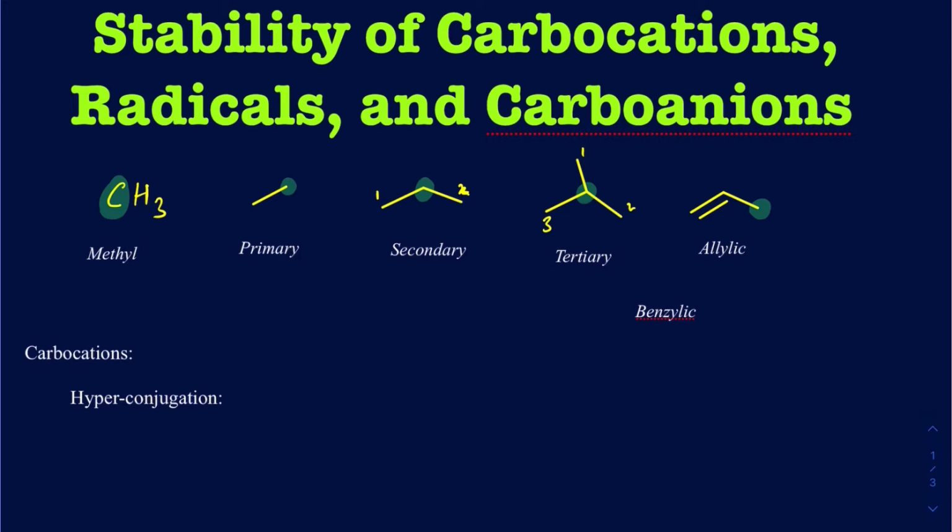Similarly, you can also have a benzylic position. So let's say this is going to be your benzene here. And off that benzene ring, you could have the first carbon, so that could have any sort of charge, positive, then it would be benzylic carbocation. Negative makes it benzylic carbanion. And if you have an electron, that would make that a radical.